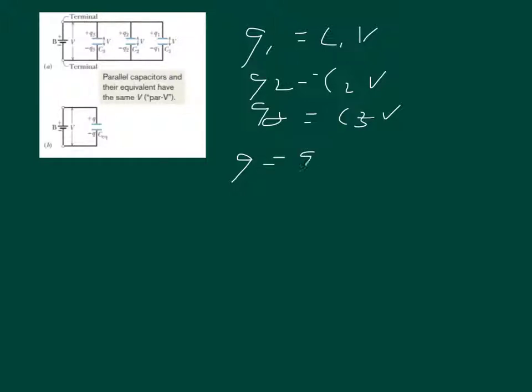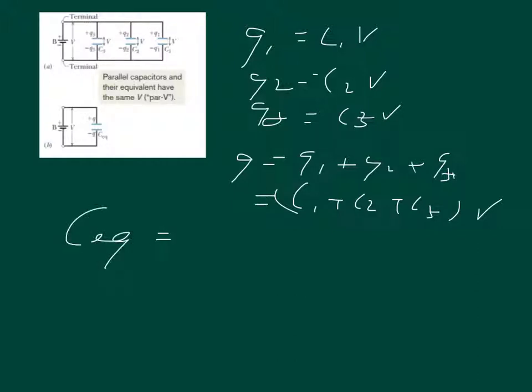So Q equals Q1 plus Q2 plus Q3, the net charge and each individual charge for each part of the circuit. If you add them together, you get C1 plus C2 plus C3 times V. And we know C for the circuit equals Q over V, and that equals C1 plus C2 plus C3.